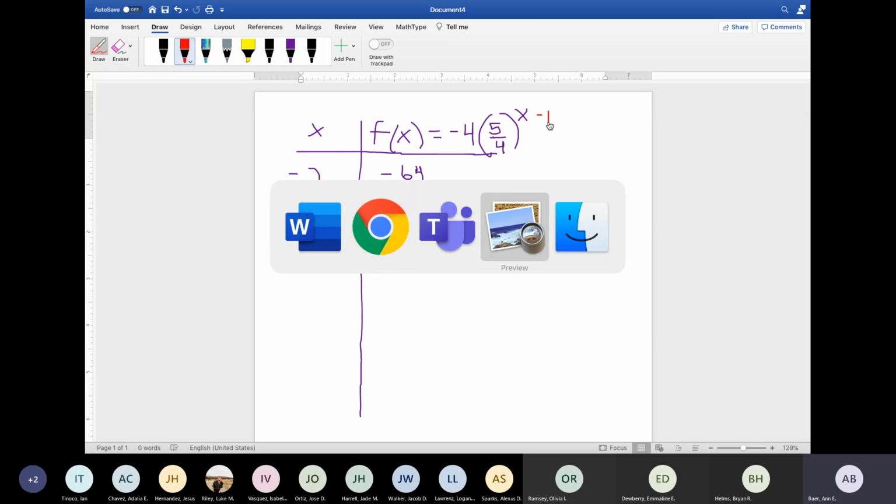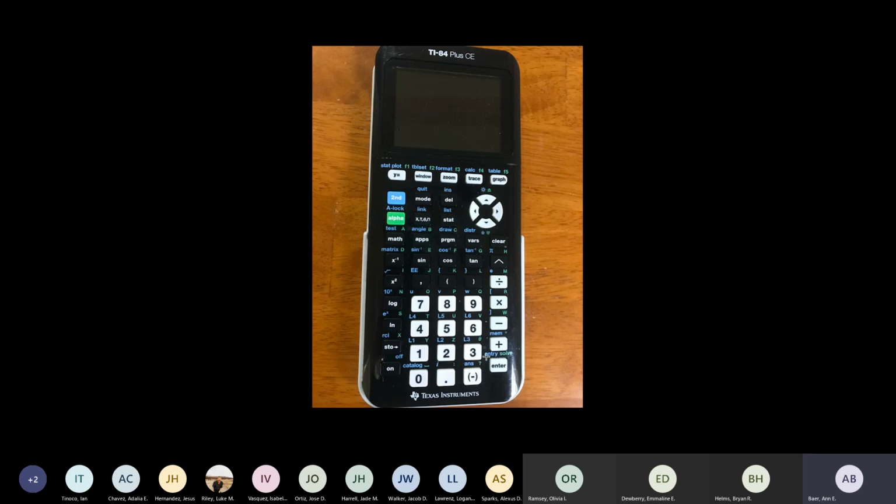This entry up here, right above the enter key, will repeat exactly your last entry on the calculator. It is in blue on my calculator, so I have to use my second button, second enter, to get that.